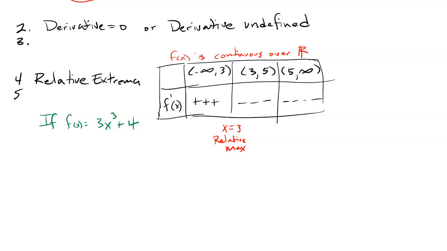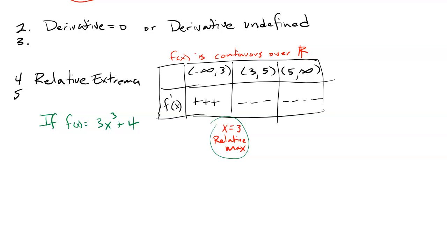Kayla, if this was the function that went with this table, instead of writing x equals 3 as a relative max, what could we write? Perfect. So, yeah, nice. If you knew the function, you could plug that into the equation to get a point instead.